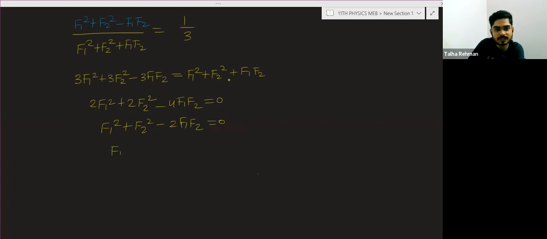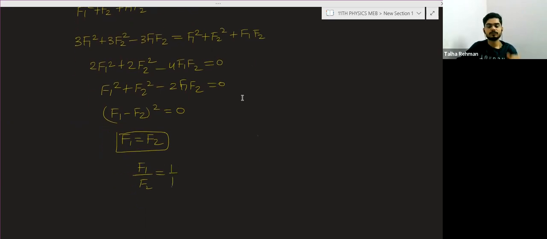So this is the square of F1 minus F2. So you will have the value F1 is equal to F2. So ratio of forces F1 by F2 will be 1 ratio 1. This is your final answer.